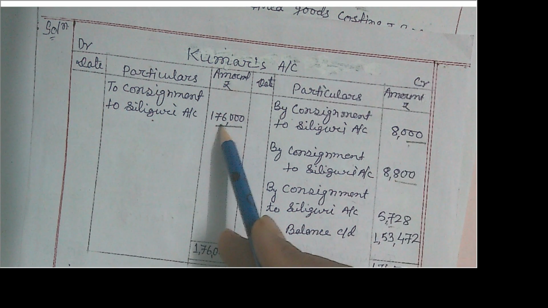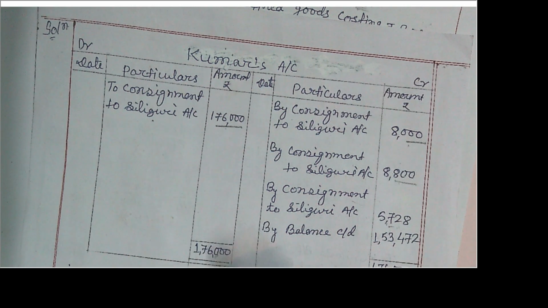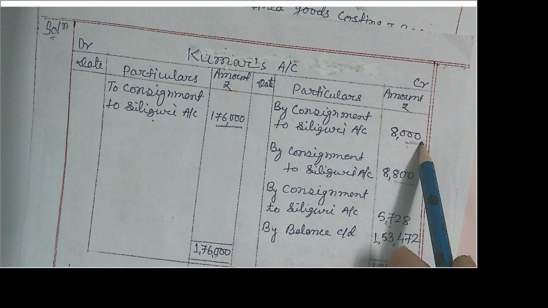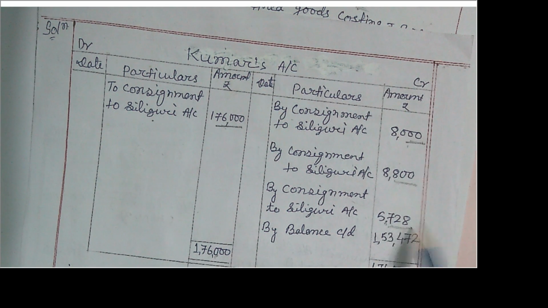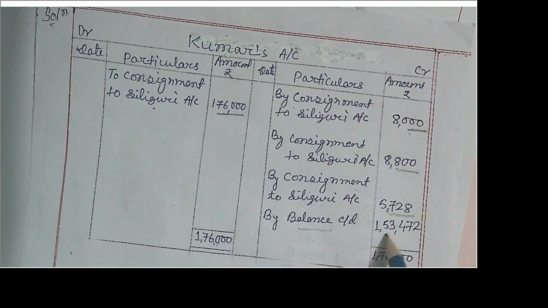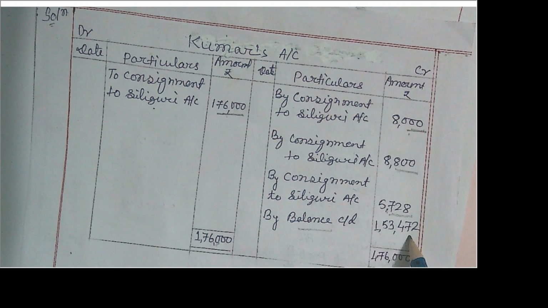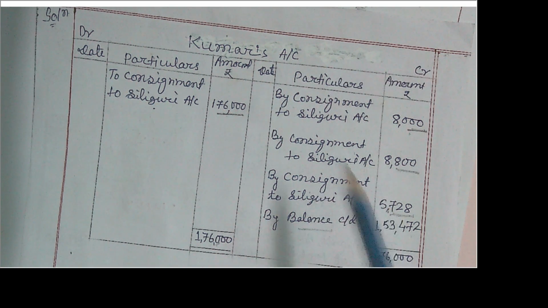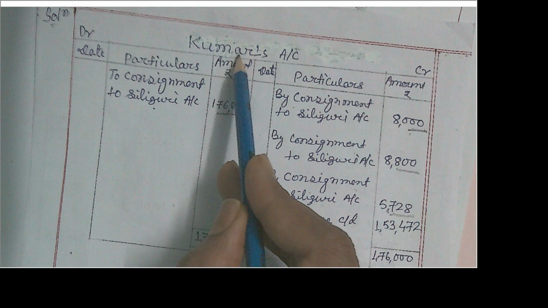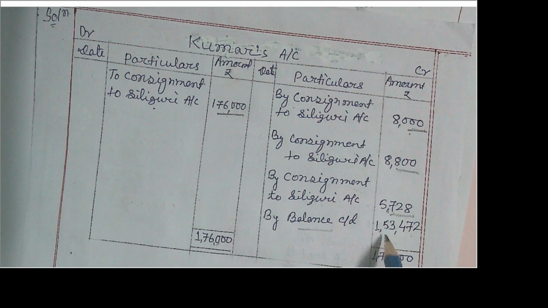So 1,76,000 is the greater amount, minus 8,000, minus 8,800, minus 5,728. Now the difference is 1,53,472. This amount is due from Kumar to Anuj. That means Anuj will get 1,53,472 from Kumar.